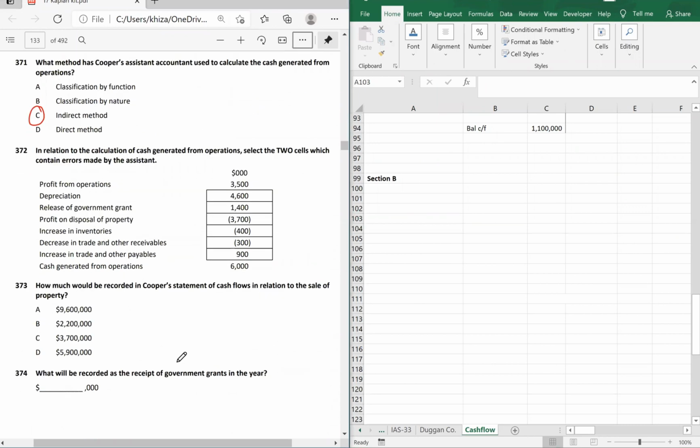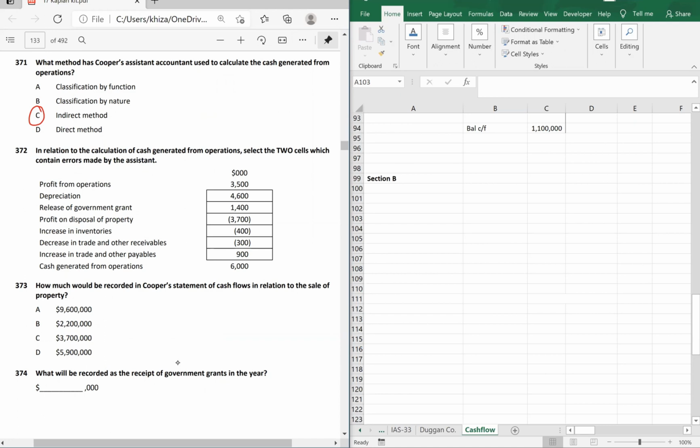In relation to the calculation of cash generated from operations, select two cells which contain errors made by the assistant. Where are the errors, guys? Come on, you guys should have identified the first one by now.